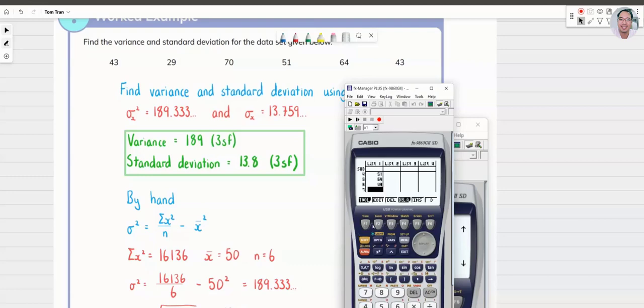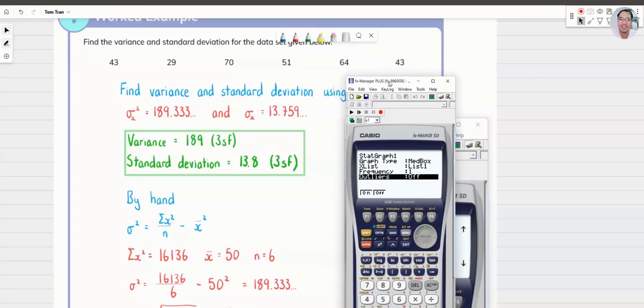Now we want to make a graph. Here, graph, and we change the graph type here by changing the setting. The graph type is box. X list, frequency 1.